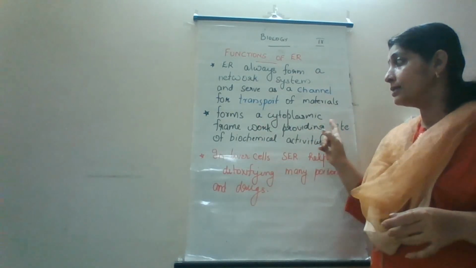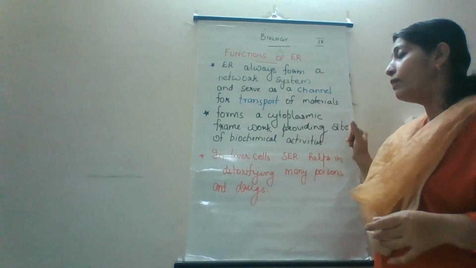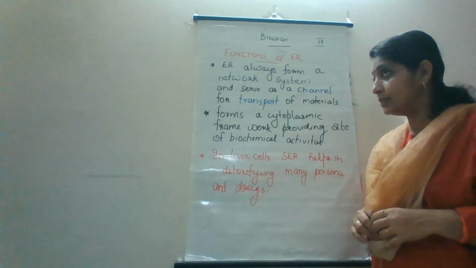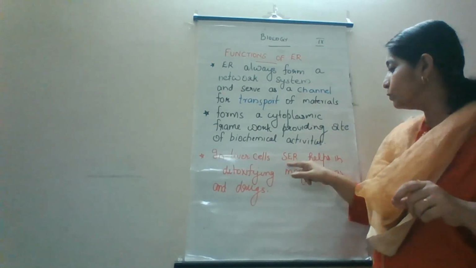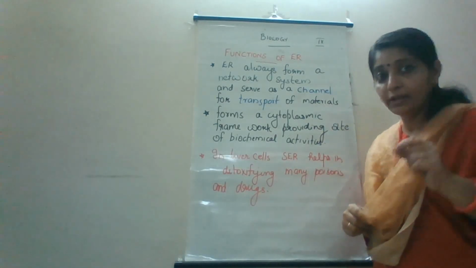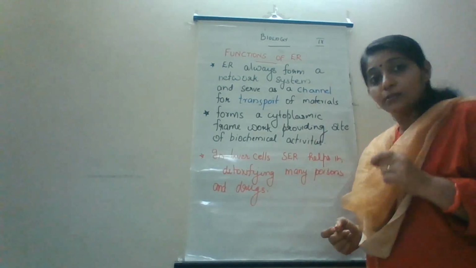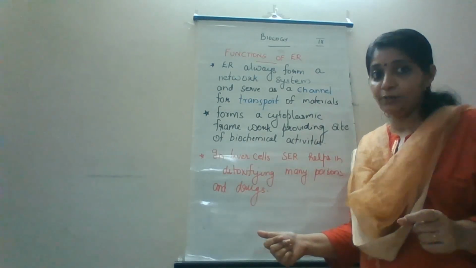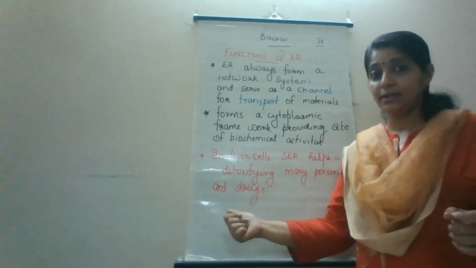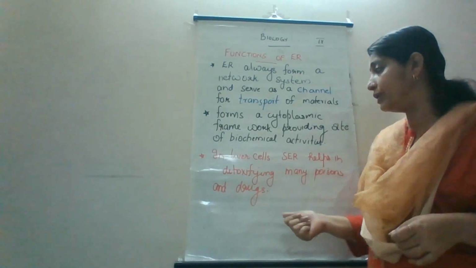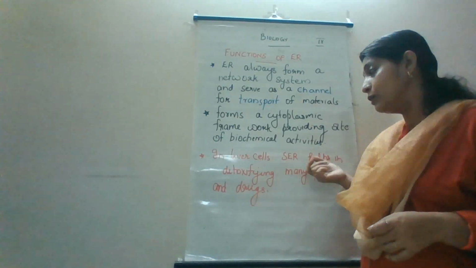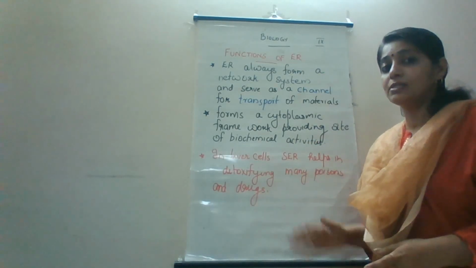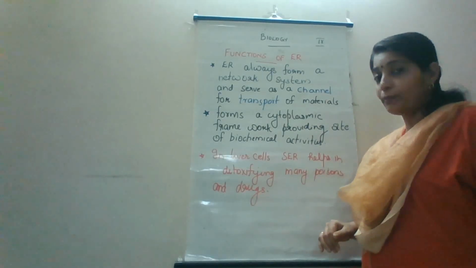And the third function is in liver cells, the smooth endoplasmic reticulum, SER, helps in detoxifying various poisons and drugs. The poisons and drugs which enter our body can be detoxified by this smooth endoplasmic reticulum, which is present in the liver cells. So these are the three main functions of endoplasmic reticulum.